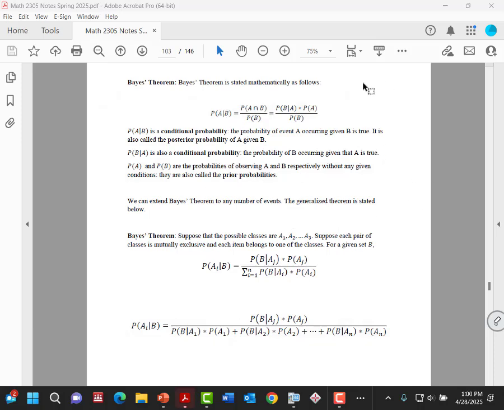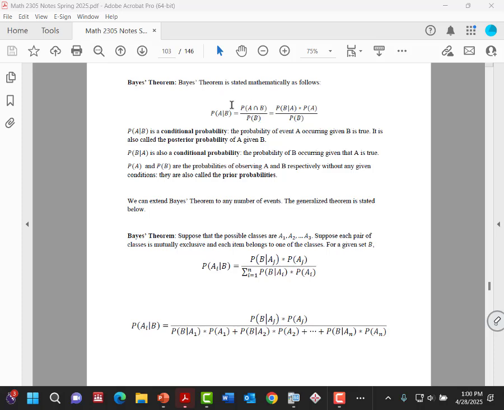It says the probability of A given B, as we know, is the probability of A and B over the probability of B. Well, I can write the probability of A given B as the probability of B given A times the probability of A. Now, the probability of A given B is a conditional probability.